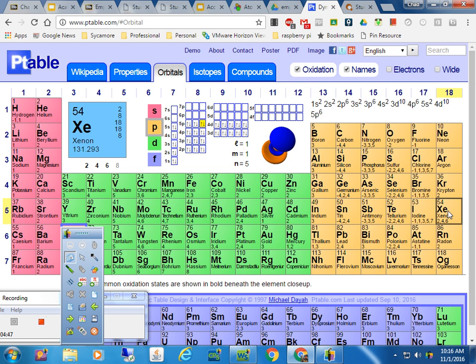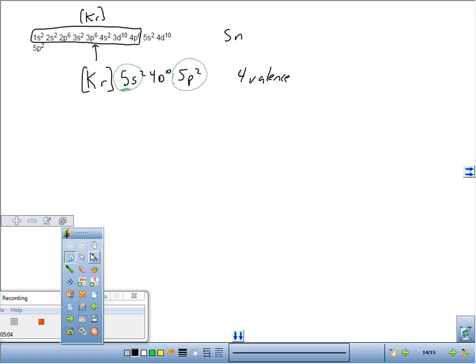If I do xenon, I have the first 54 electrons up to 5p6. Barium has 56 electrons.